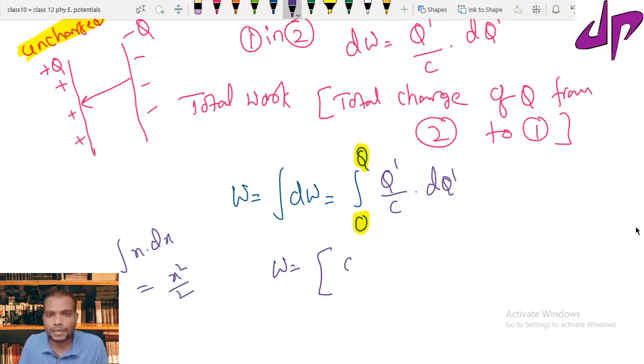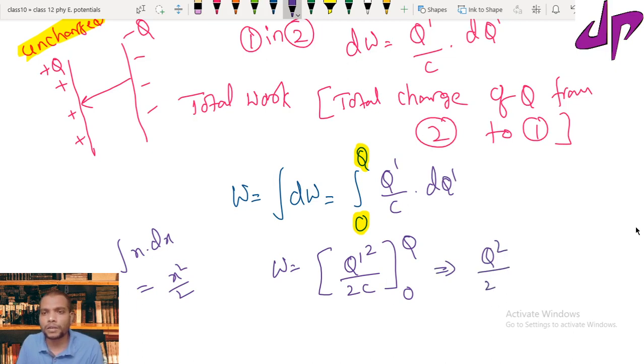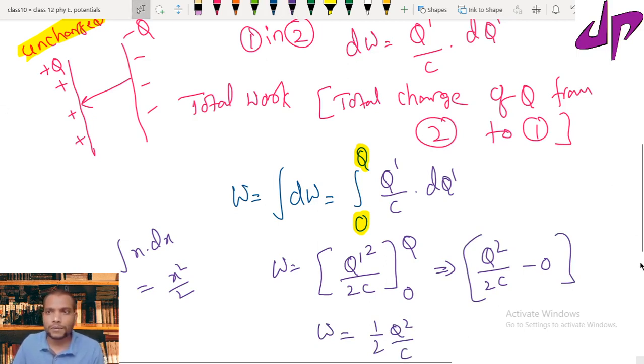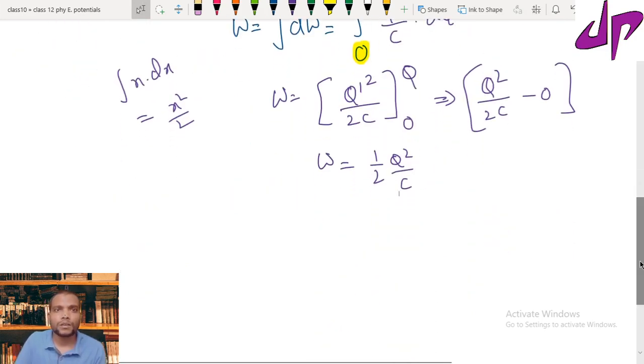So I get Q' square upon 2C, from 0 to capital Q. Now in place of Q', we substitute the limits, so I get Q square by 2C minus 0 is the work done. Finally, work done equals half Q square by C. This is the work done expression, the amount of work I did.